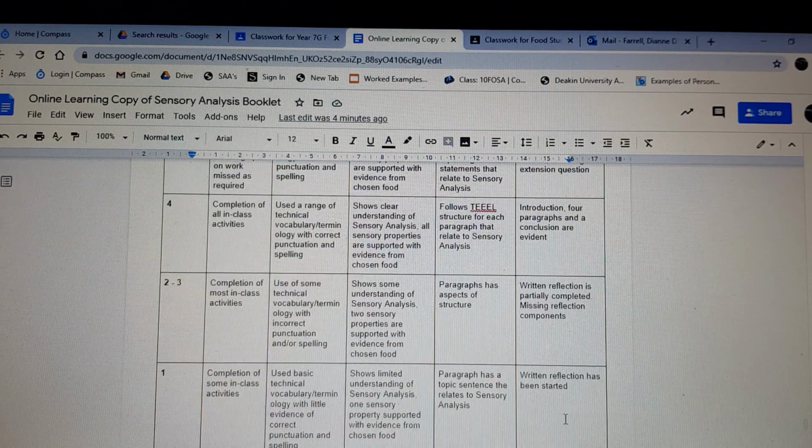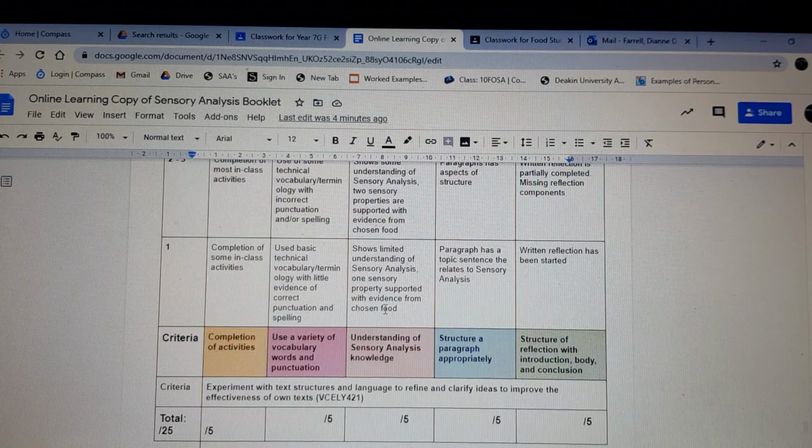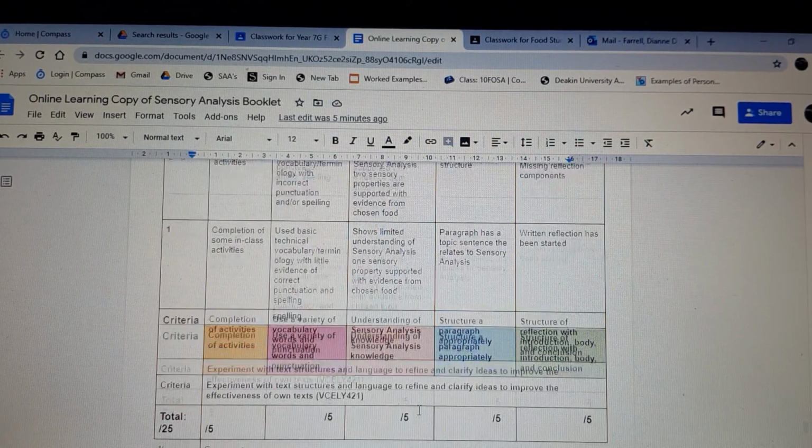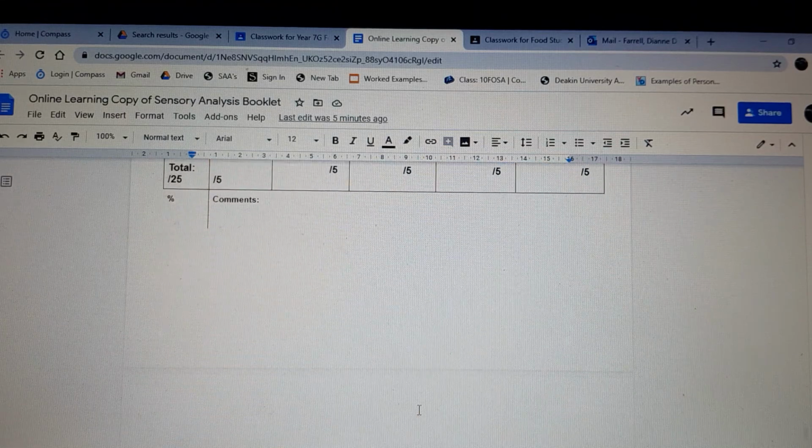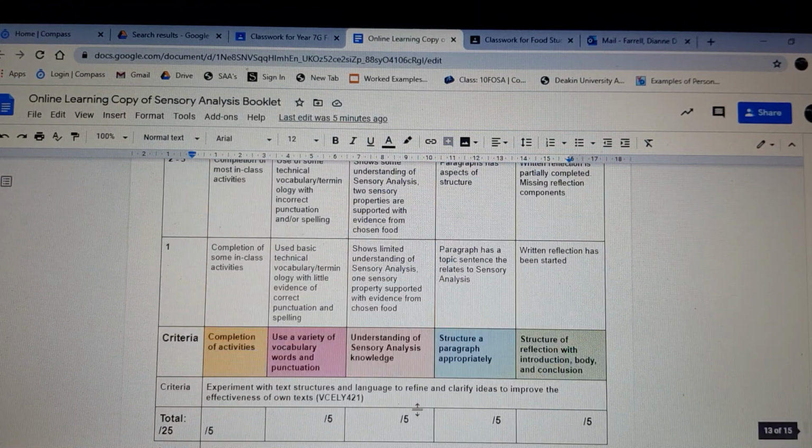So very heavily graded on your writing, okay, and through your writing we will be able to assess whether you understand the topic. Okay, so each one of these is worth 5 marks, and that is it. So that is what you are going to be doing.